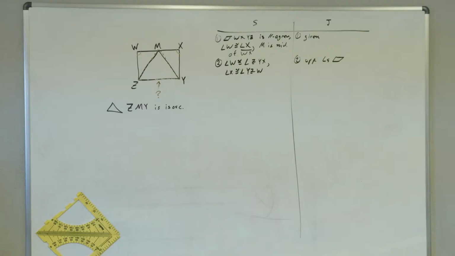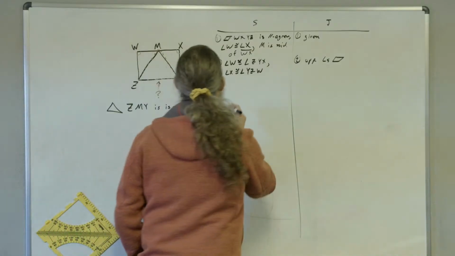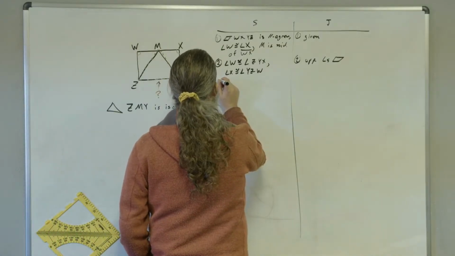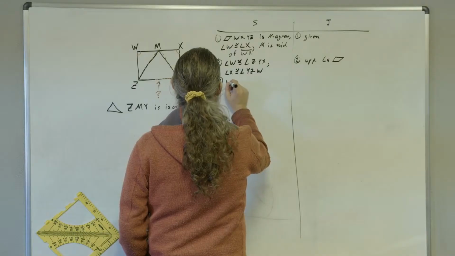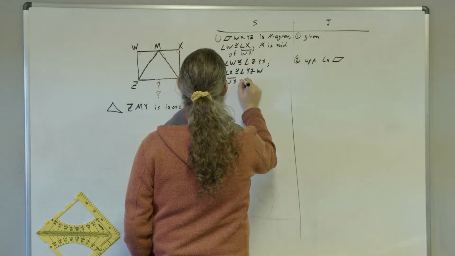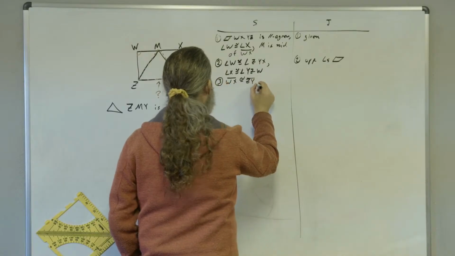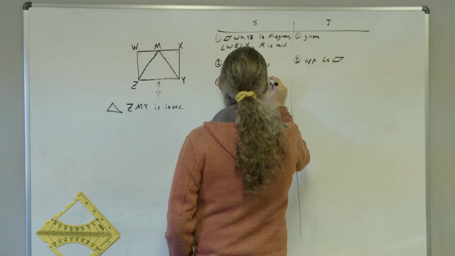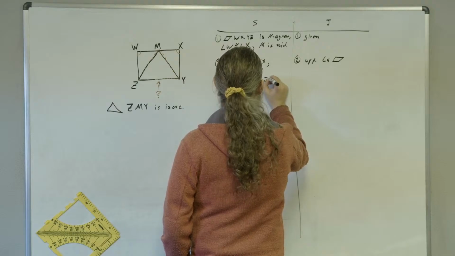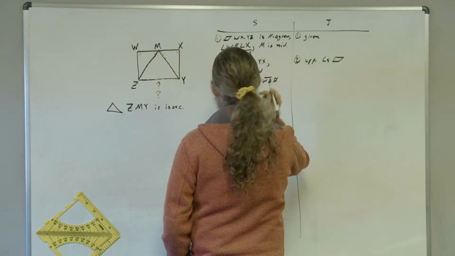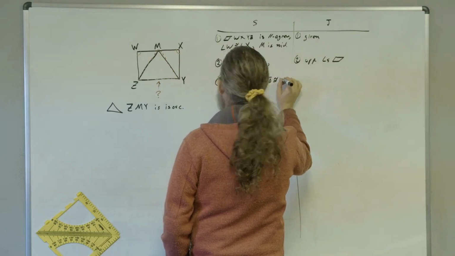WX is congruent to, not ZW, ZY. True. Sure enough. And what's the other one? And WZ is congruent to XY.